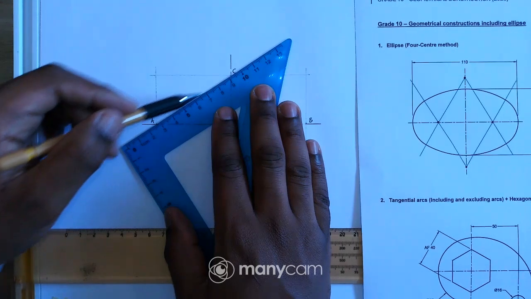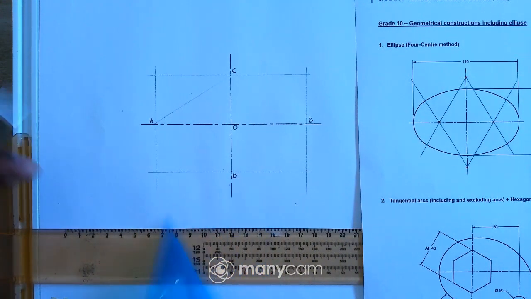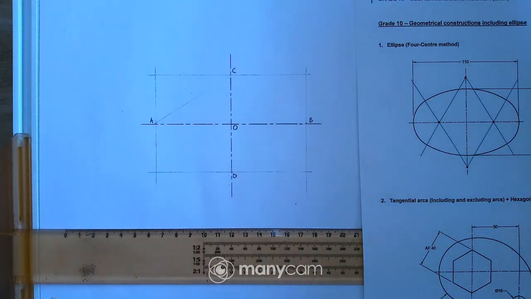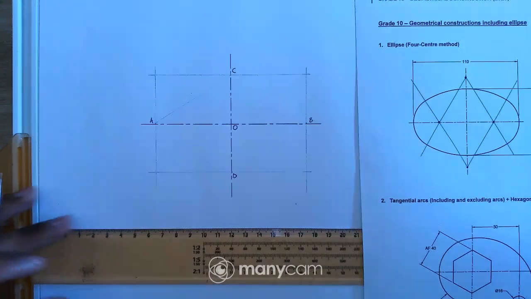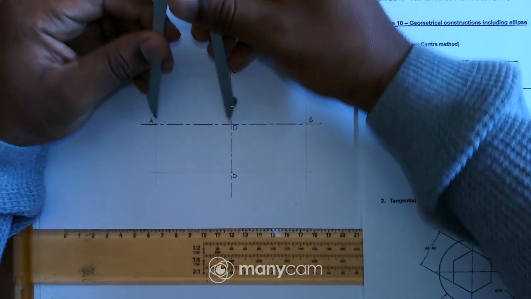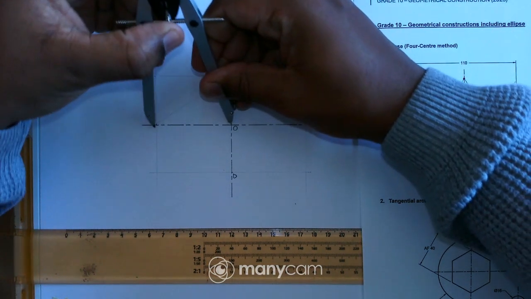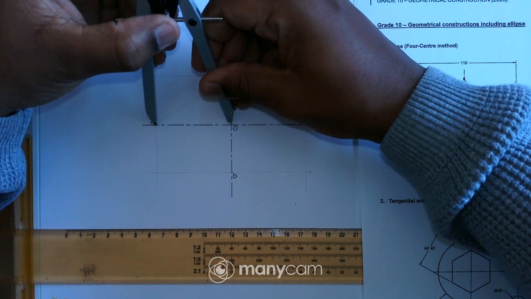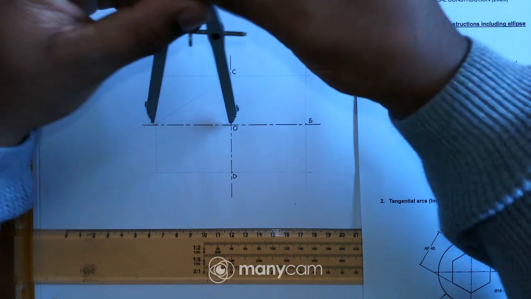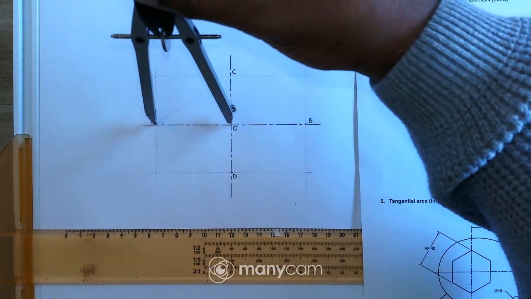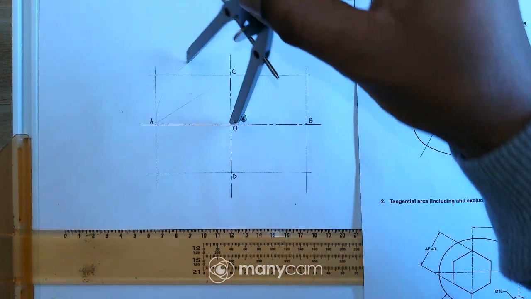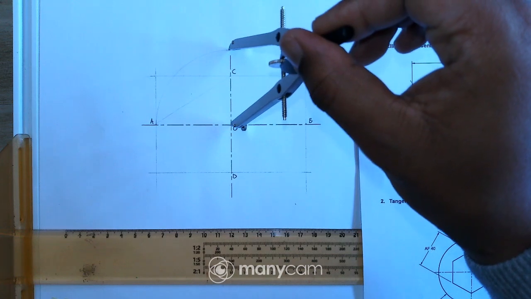So I'll start by joining those 2 points like that. Okay, from there I'll have to take my compass. So I'll put my compass at the center point to point A, open it to point A, and then draw an arc from point A going up to this vertical center line there like that.